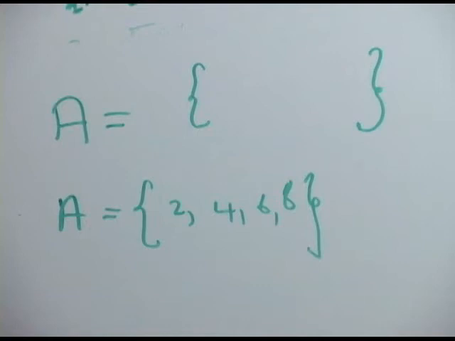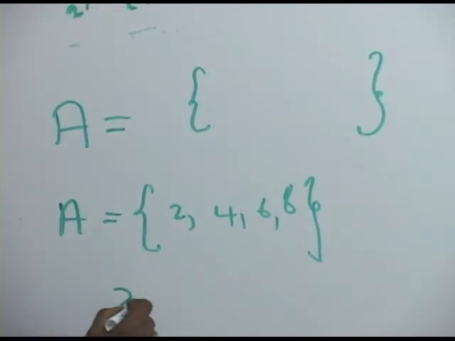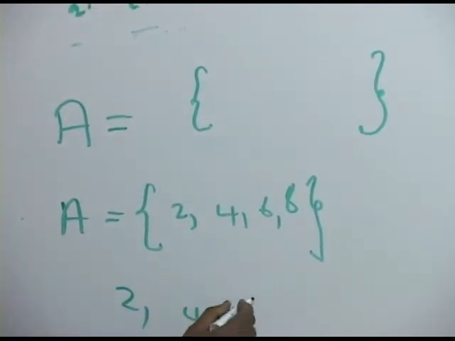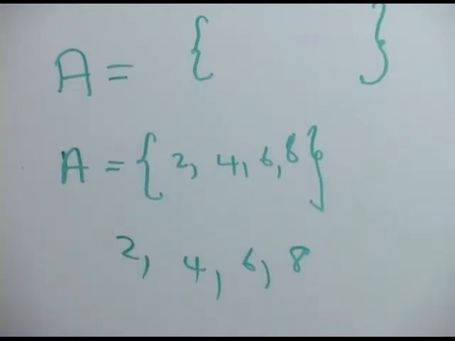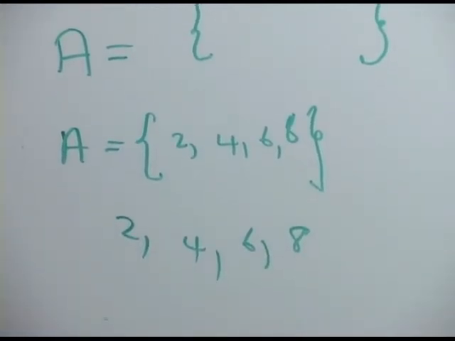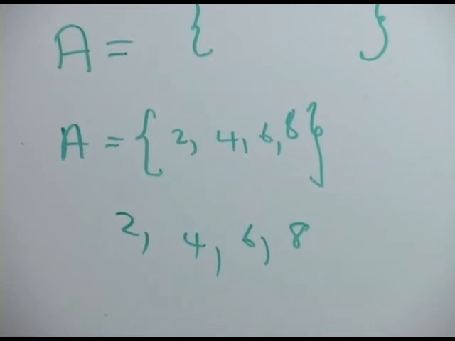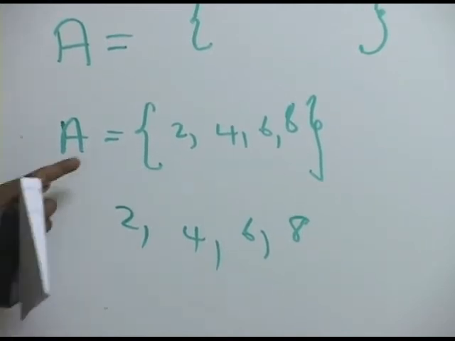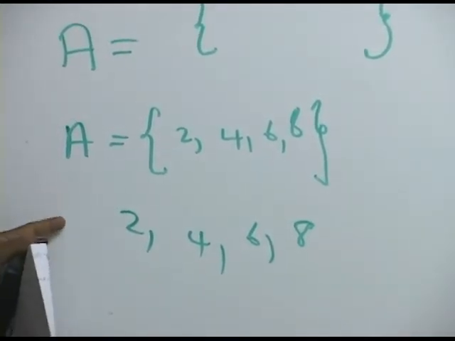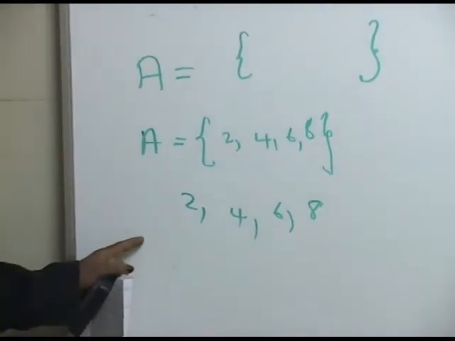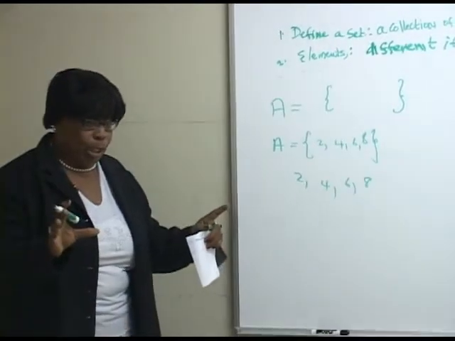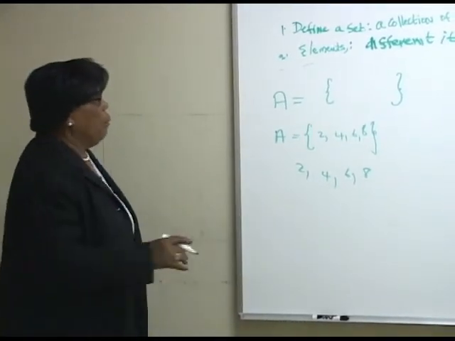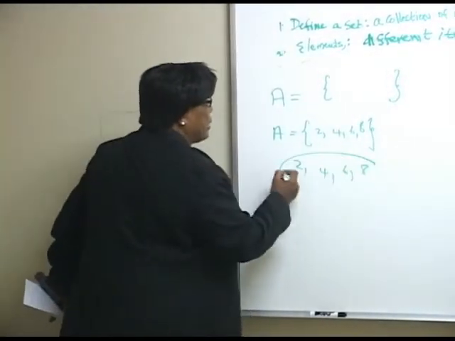Now, these members, our 2, our 4, our 6, and our 8, if you're talking like human beings and personifying them, these would be the children of this set. In human beings, we refer to them as children, but in our sets, we call them elements.